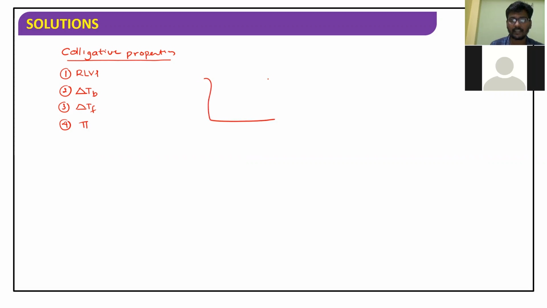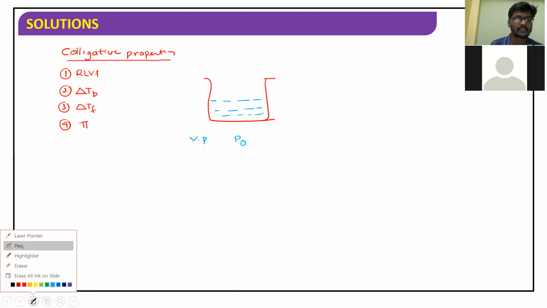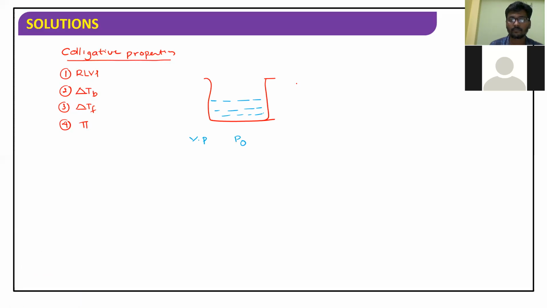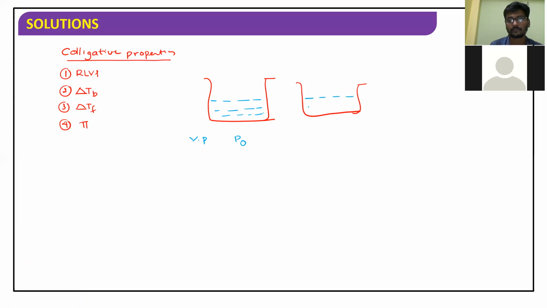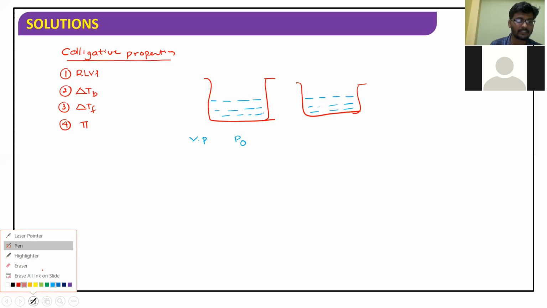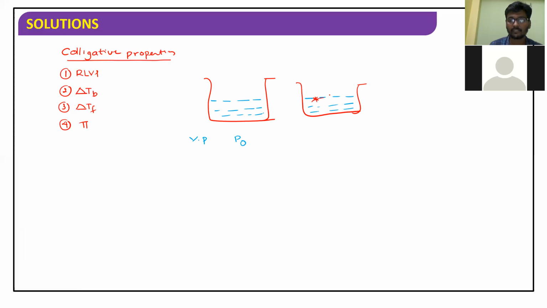See here, I am taking one vessel. In this vessel, one pure solution is there. Here I am assuming its vapor pressure is P naught. Similarly, for the same solution, if I am adding a non-volatile solute, the number of particles increases.